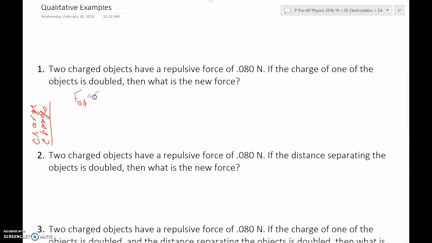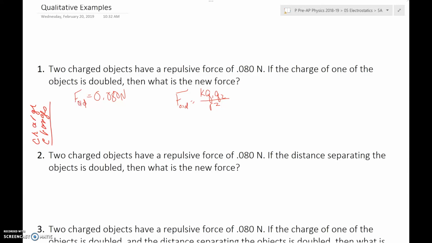It's the old force. Now this force they determined using the equation Coulomb's constant is equal to the product of the charges divided by r squared. So when they plugged everything into these values, K, Q1, Q2, and R, they ended up with 0.08.